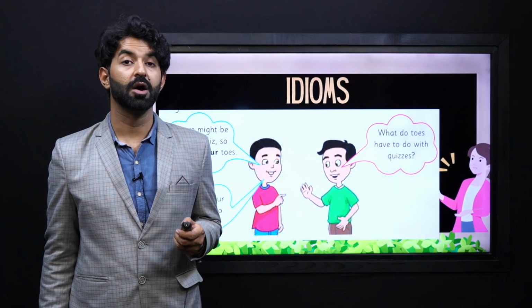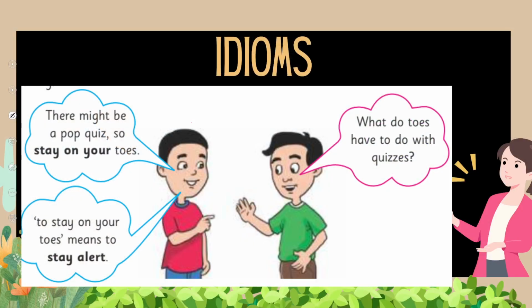These are what idioms actually are, and they are not to be taken literally. Now let's see. Here we have a conversation. Let's read it. So this boy is saying there might be a pop quiz, so stay on your toes. And he's asking, what do toes have to do with quizzes? Why should I be on my toes if there is a pop quiz?